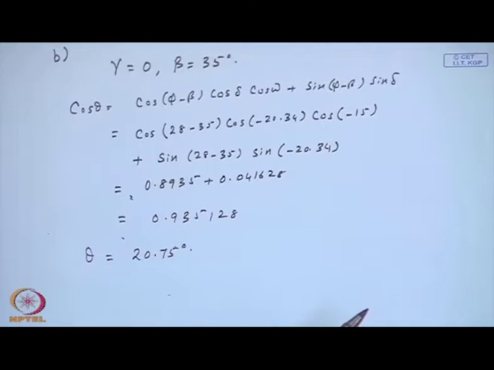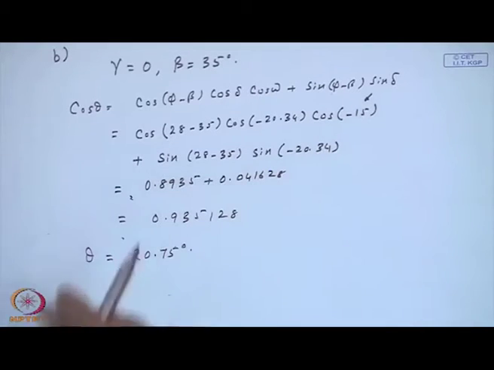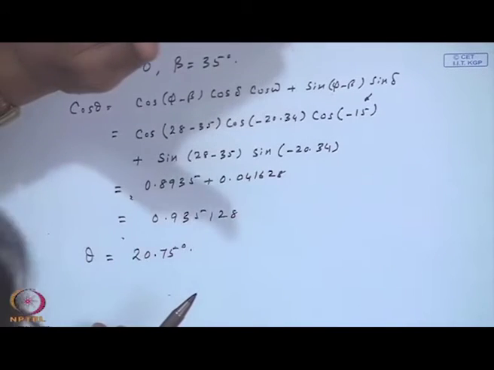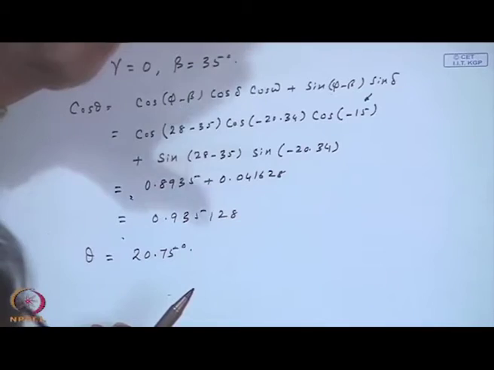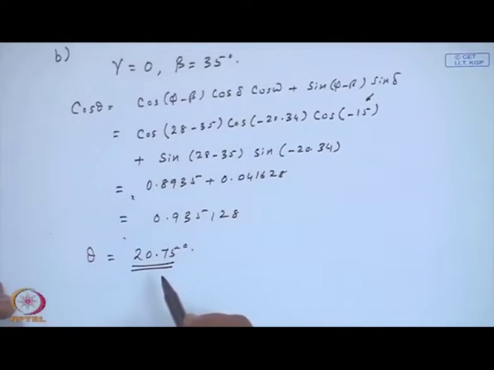So, it is south facing, and the time is 11 o'clock, that is omega minus 15 degrees, and phi is 28 and beta is 35. In winter in general, when the declination is negative, a higher beta is favorable. Higher beta favorable means theta will be lower, and we have got a reasonably low theta, 20.75 degrees.